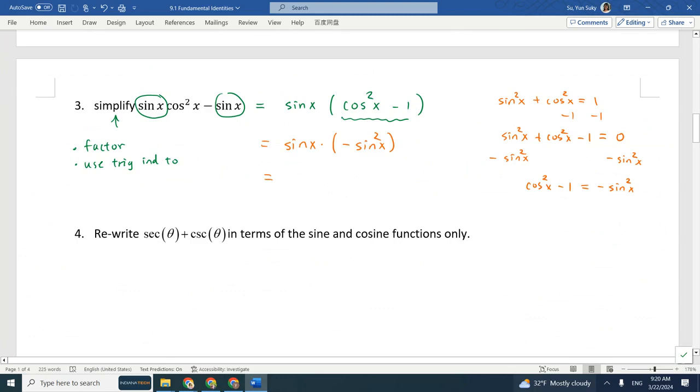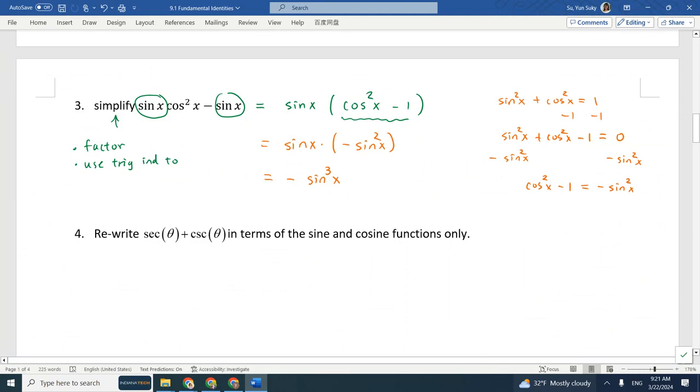Sine times negative sine square is negative sine cube. Right, everybody? So that is simplified. If you can factor, factor it. And then if you see some trig identities, use them to reduce the types of trig functions. Is that clear, everybody?